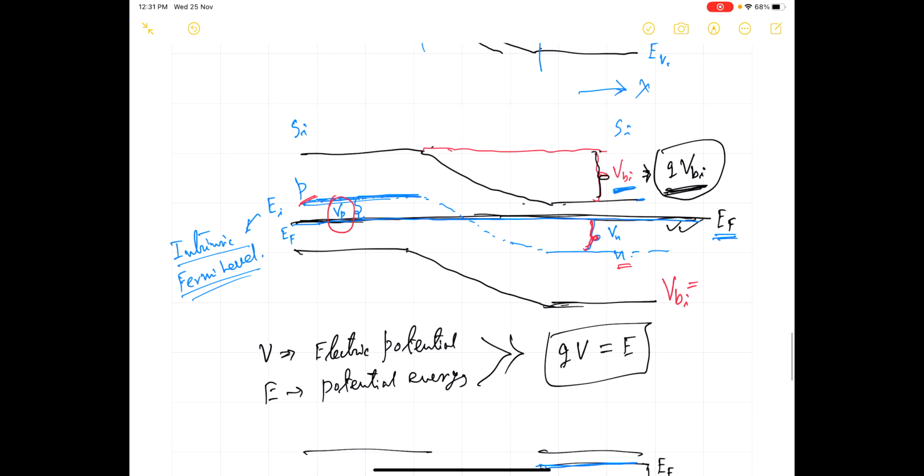So this is basically equal to Vn plus Vp. Now let's see how much these voltages will be.